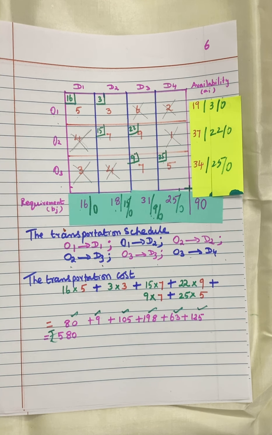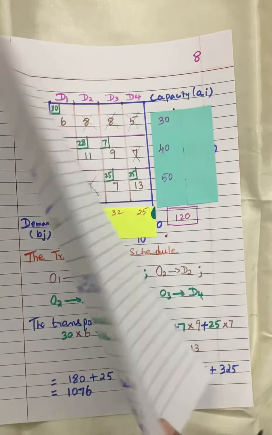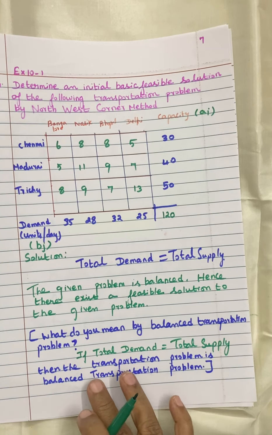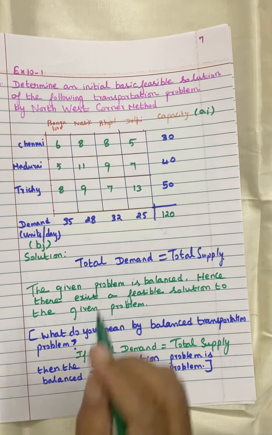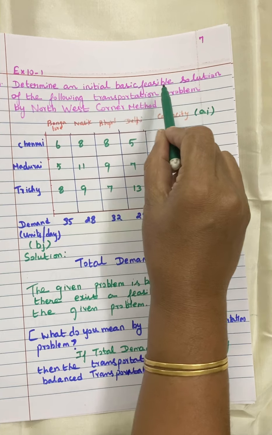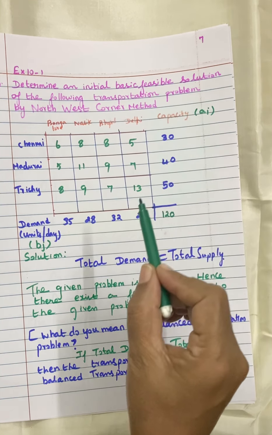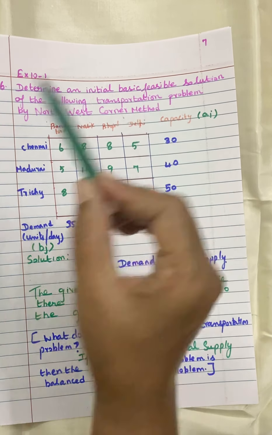Very simple. One more problem we'll do. Then the remaining we'll do in the Jamboard. Okay. In exercise 10.1, the sixth problem. Determine the initial basic feasible solution of the following transportation problem using the northwest corner method.